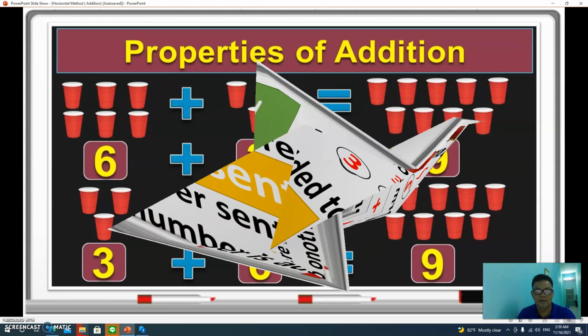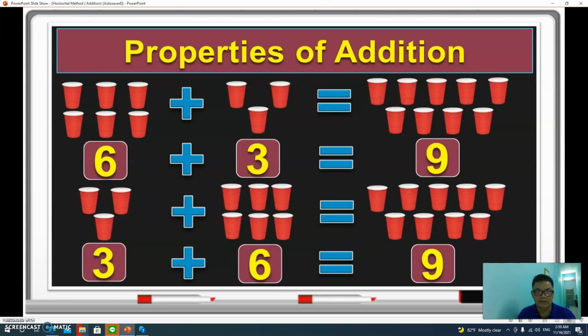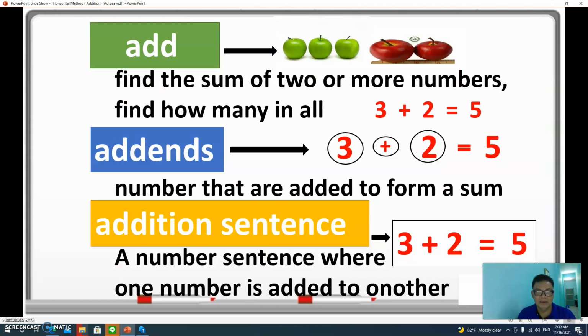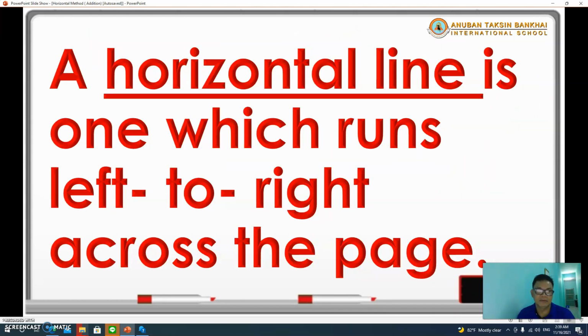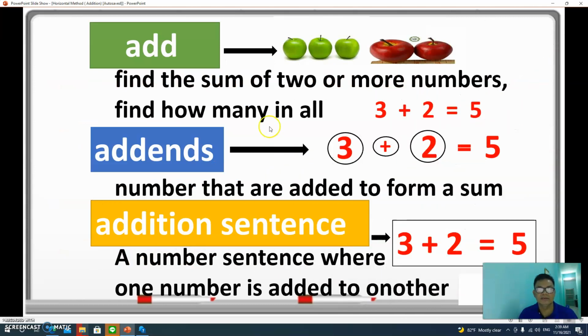Next, we're going to study these three words. Add: find the sum of two or more numbers, find how many in all. What you can see here is apples. We have 5 apples: 3 green apples and 2 red apples.